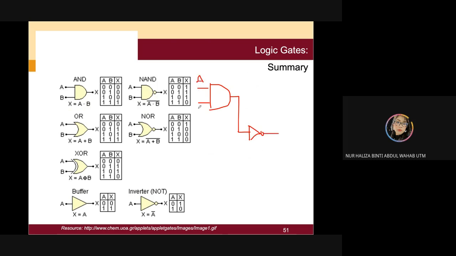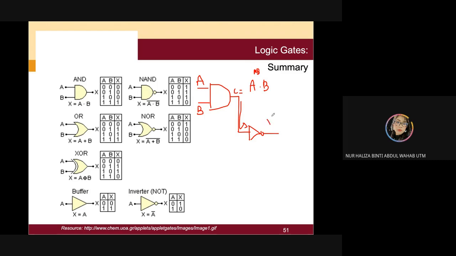From here, you're going to see A dot B. What is your answer here? Let's say this one is C. C equal to A dot B. Please assume that it is also AB. I just want you to see it clearly, so I give you an example like this. After that, you will go through here, to the NOT gate.